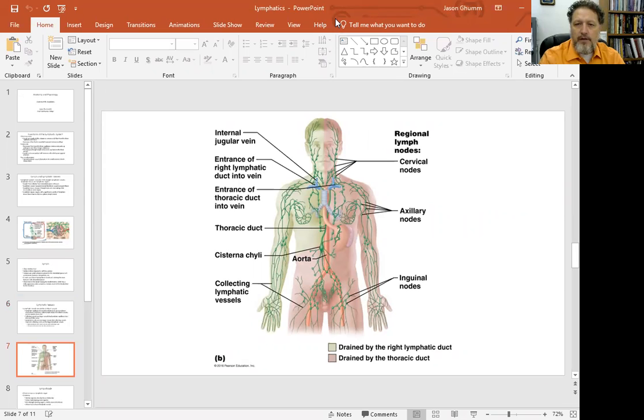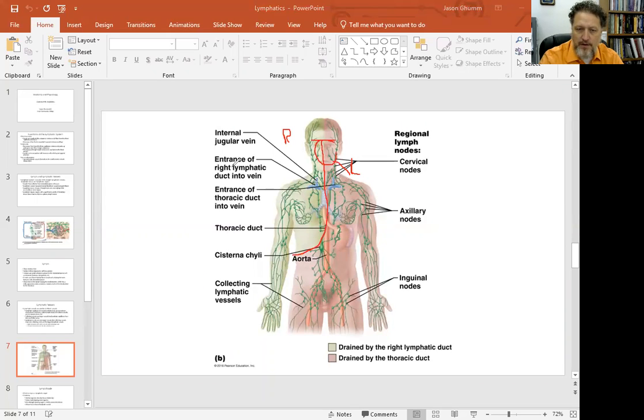The lymph system is not divided up evenly. The right system comes right up through here, and if the head was turned, it would actually be better, because I'm going to draw it like this, since the face is actually part of the left side. The top of the head and the back of the head are on the right side, so it's not evenly divided.